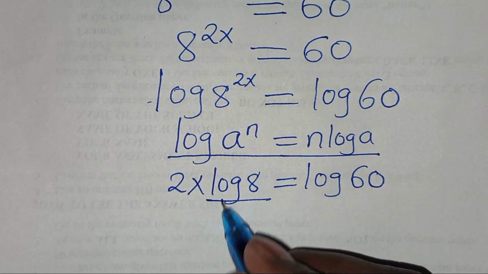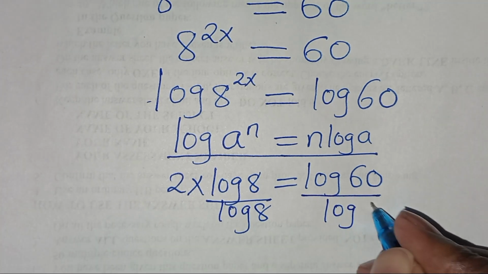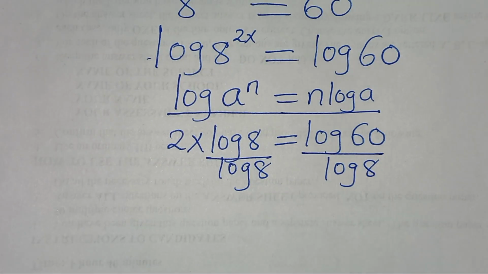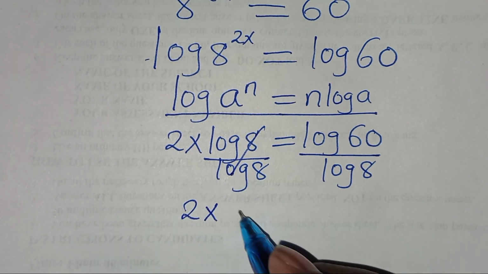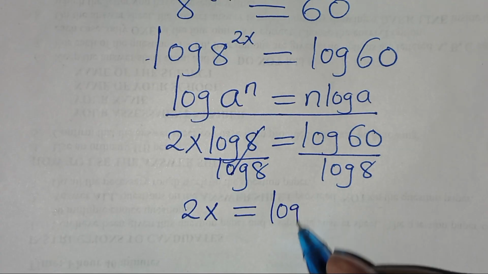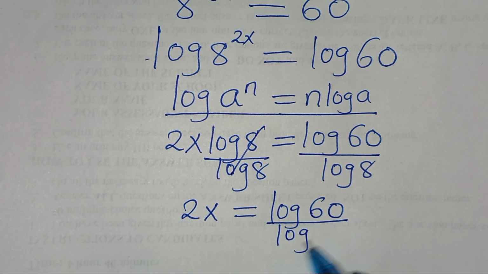Let's divide both sides by log 8. So here we simplify so that we have 2x equal to log 60 divided by log 8.